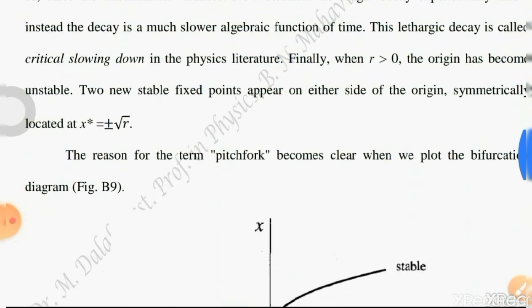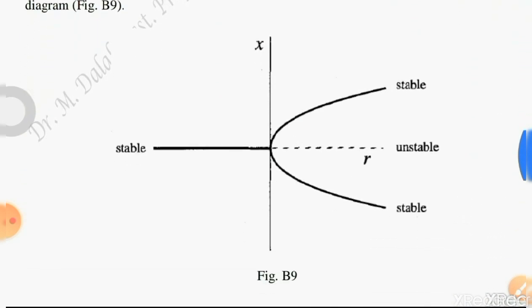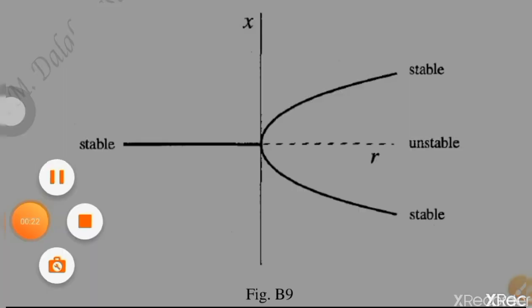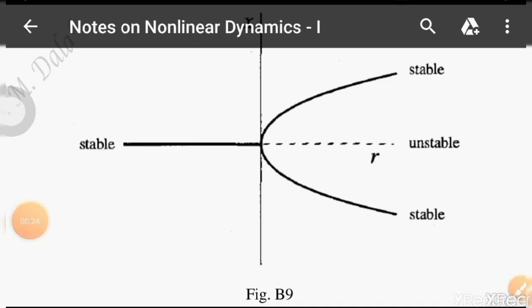The bifurcation diagram will look like this figure. Here r is the independent variable and x is the dependent variable. So, r is plotted along the x axis and x is plotted along the y axis.